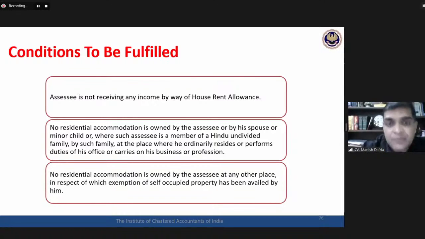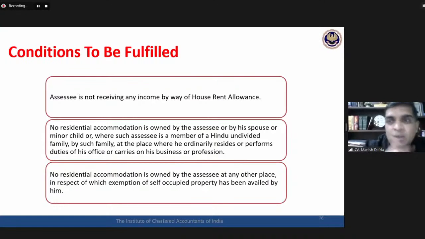And third is, you yourself should not own any residential accommodation which you are claiming as your self-occupied property for income from house property purposes. If you are claiming any property as your SOP, self-occupied property, this will create a dichotomy, two different situations.